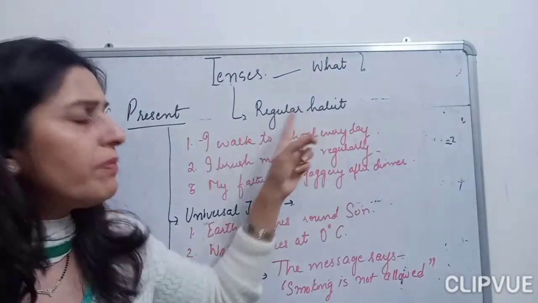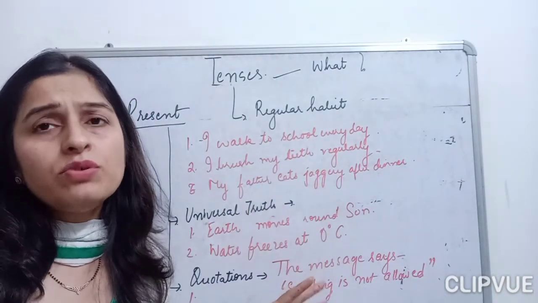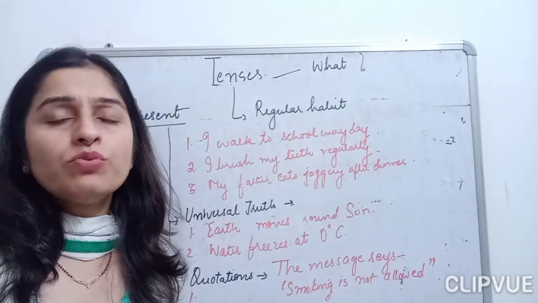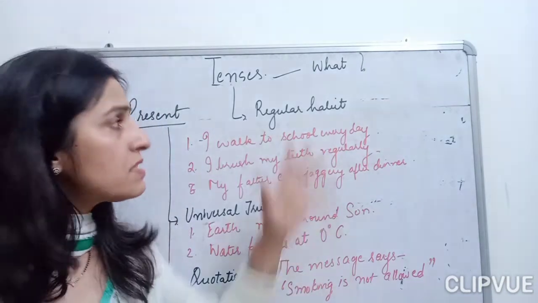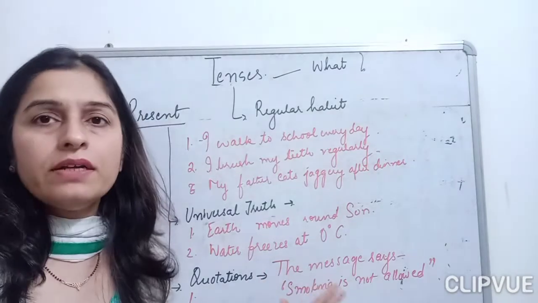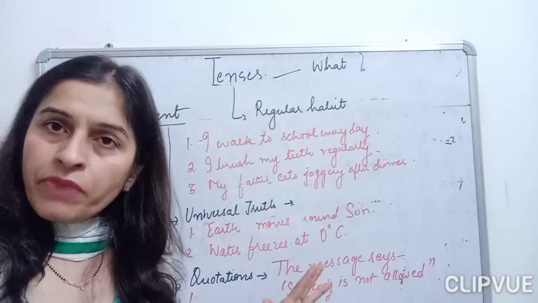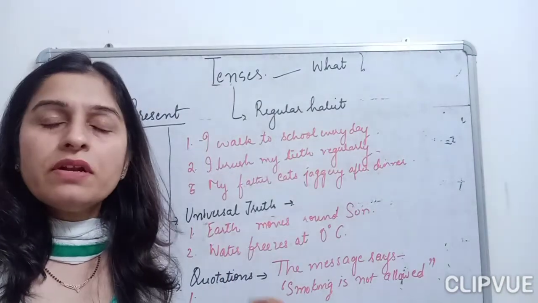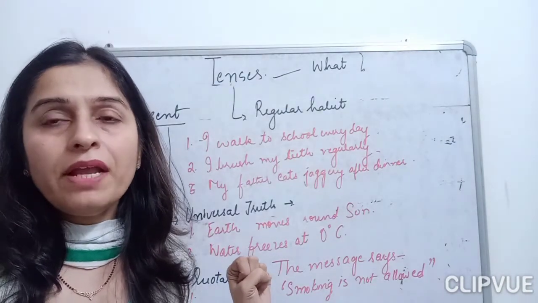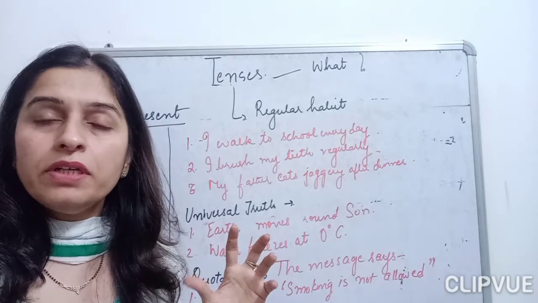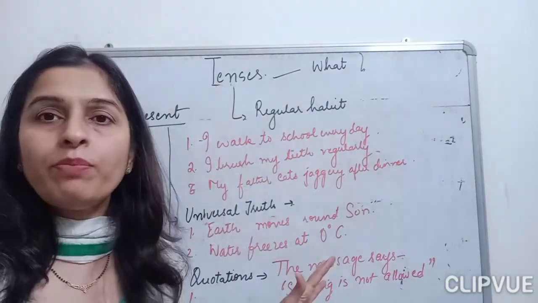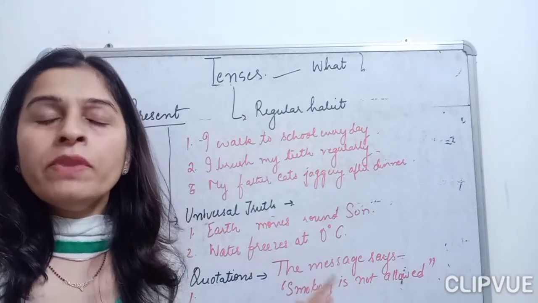Fine, so just remember there are many other things about where to use present tense and how to identify it, but for students of grade 4, 5, 6, this is enough to understand about the present tense. Okay, so in today's video, children, I have tried my level best in a short time to explain to you the important points regarding the tenses.